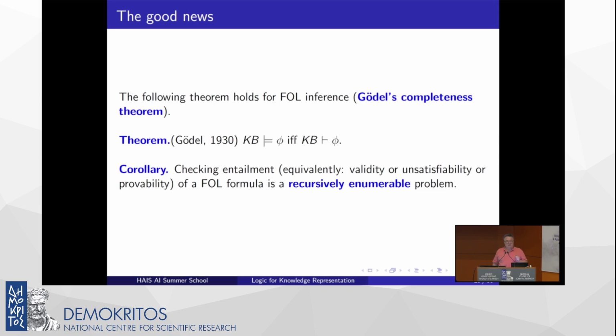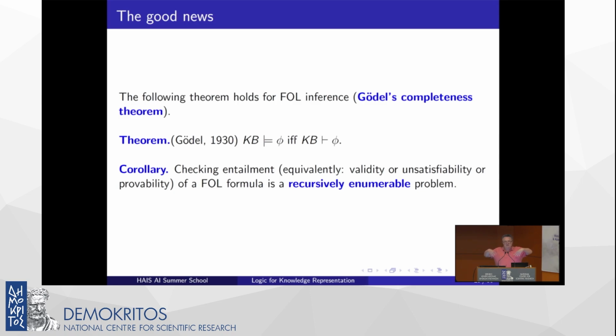So, we are doing inference in first order logic. Are there sound and complete inference rules? The good news is this is Gödel's completeness theorem, proven in 1930, that you can do that, okay?